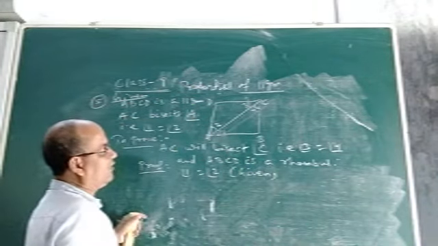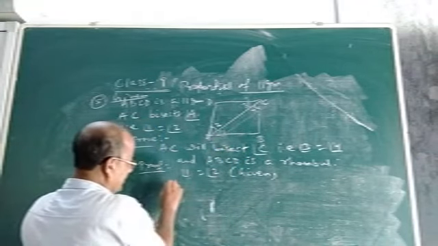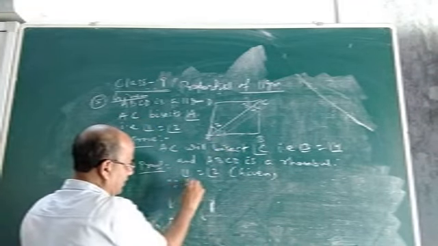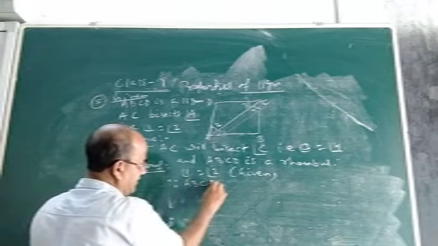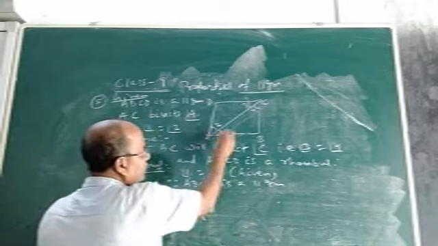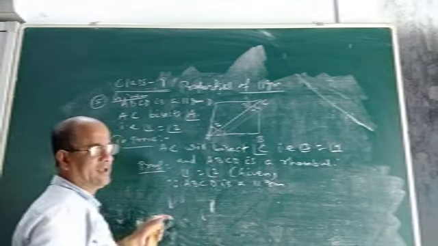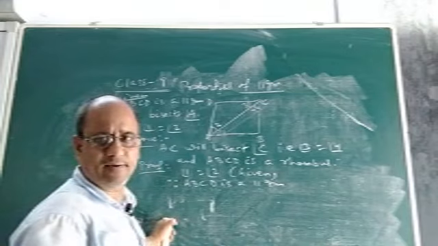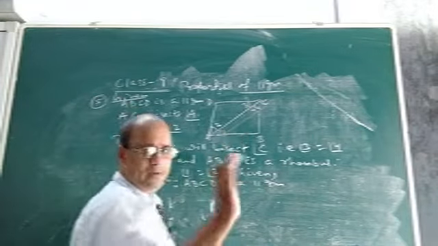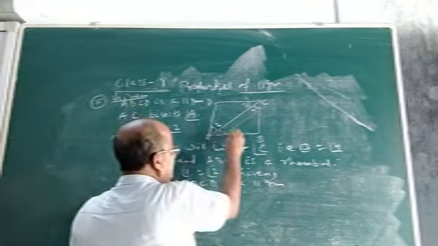Now, since ABCD is a parallelogram, look at angle 1 and angle 3. They will be equal because they form a pair of angles with one parallel and this the transversal.